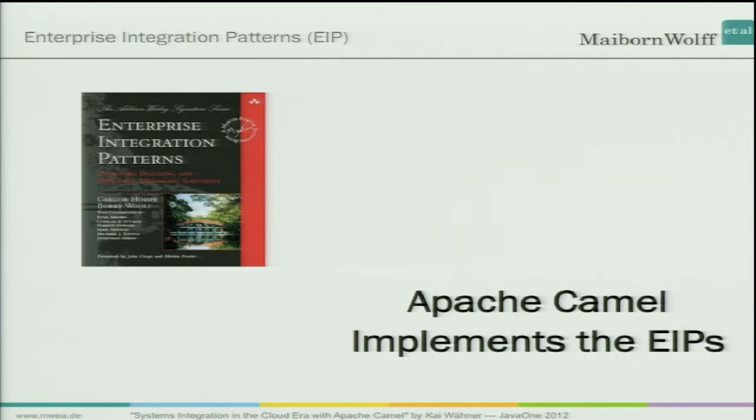When you have a large integration problem, you can divide it into many small parts, solve each of these problems on its own and combine the solutions. The great thing about Apache Camel is that it implements these enterprise integration patterns. So for every simple small solution, you have one method in Apache Camel which you can call.